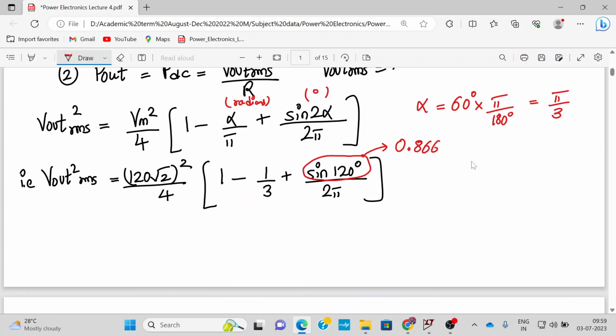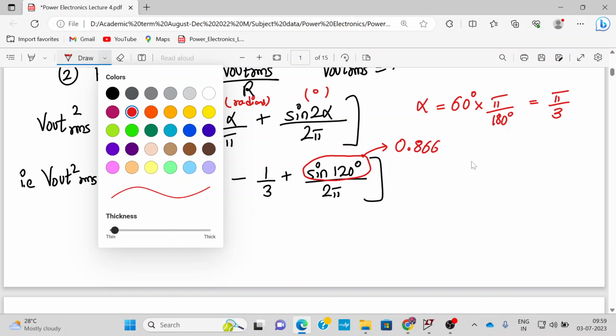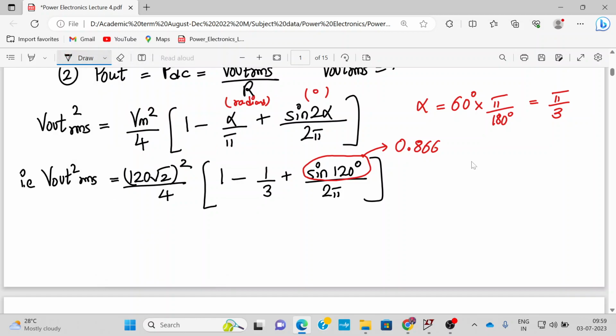Now substitute these values and you'll get an answer, V out RMS square, which is around 5791.2.